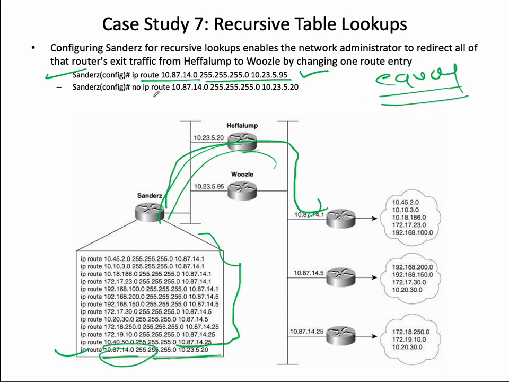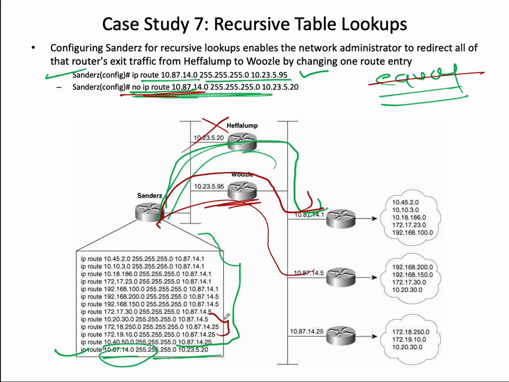But as soon as you enter this command, what happened? As soon as you do no IP route, basically you are removing this one. So then there's no equal load balancing, and you will start sending traffic through this router. Like that, okay?